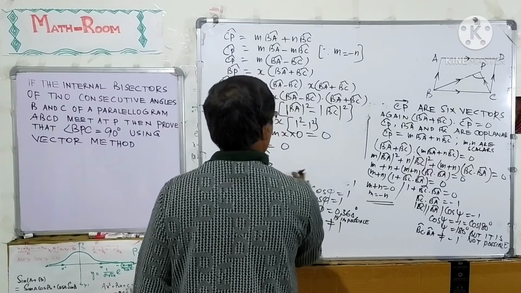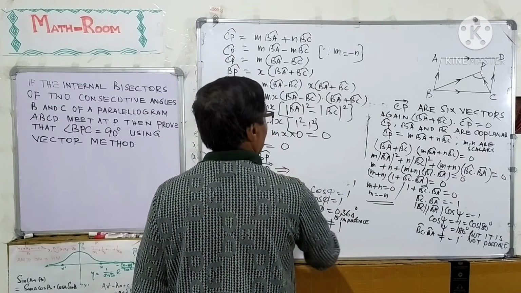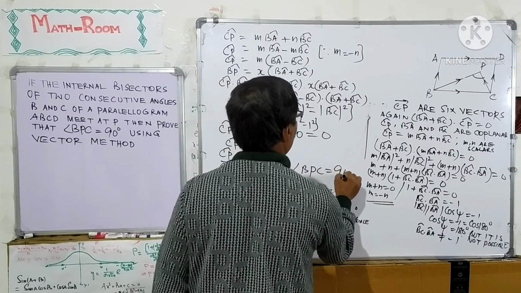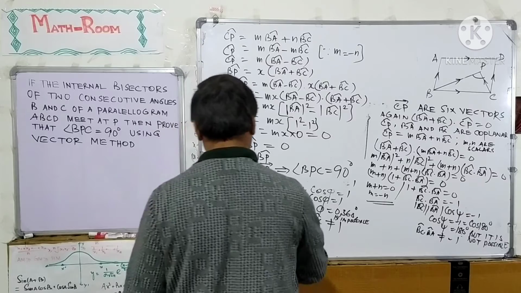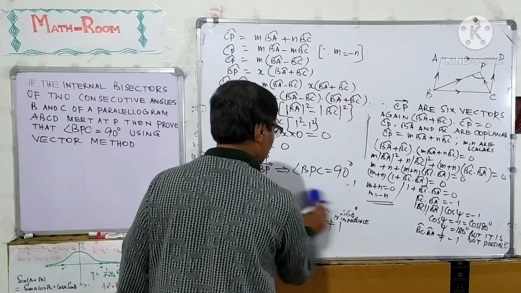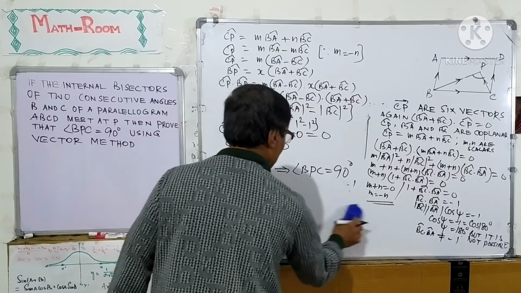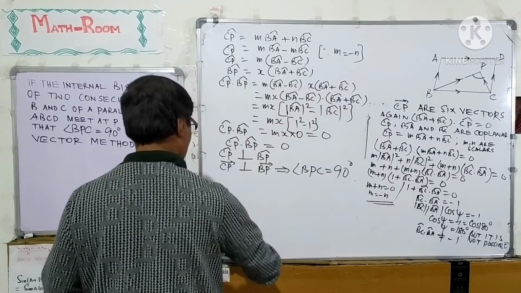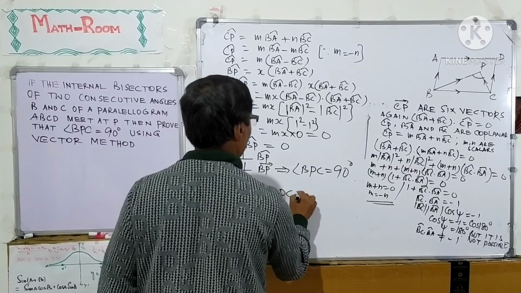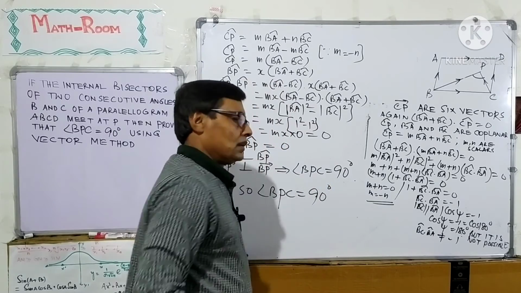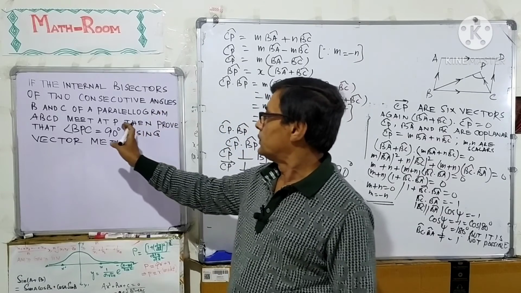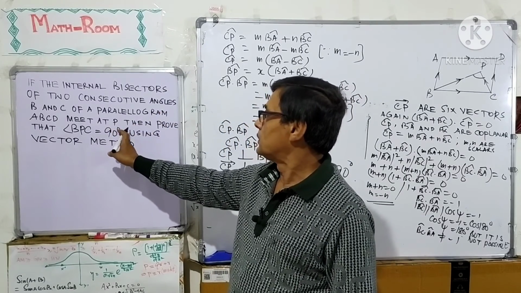So, this implies angle BPC equal to 90 degree. So, we have proved the angle BPC equal to 90 degree. Thus, we have proved this problem, that the angle BPC equal to 90 degree.